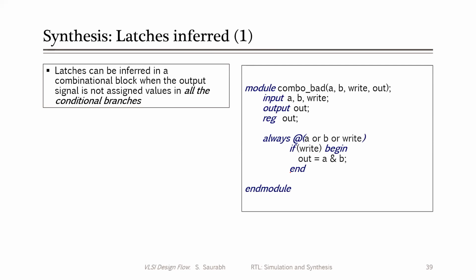We wanted basically to model A and B, right? We write an always block with A or B or write in the sensitivity list. And we say that if write, begin out is equal to A and B. And now what will happen? What will it synthesize to? Any answer? Now, what will be the synthesis of this Verilog code?